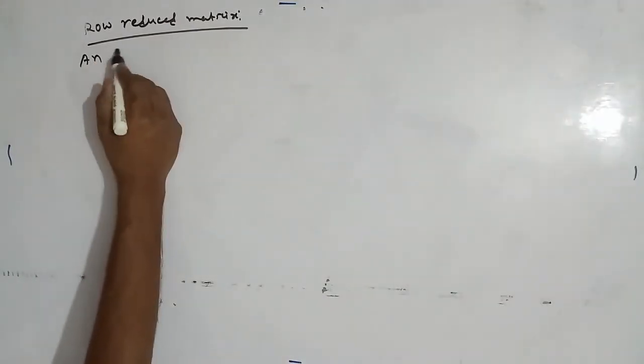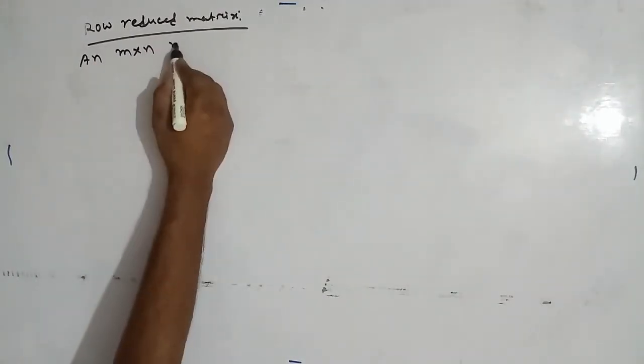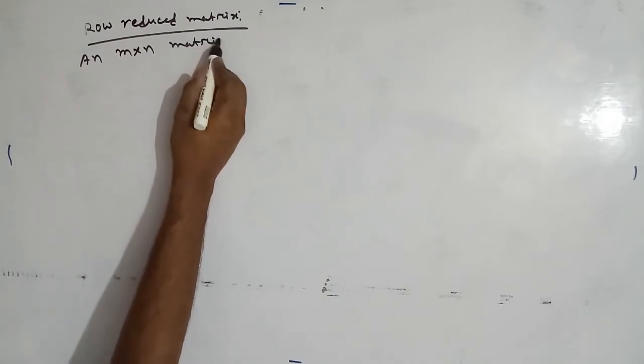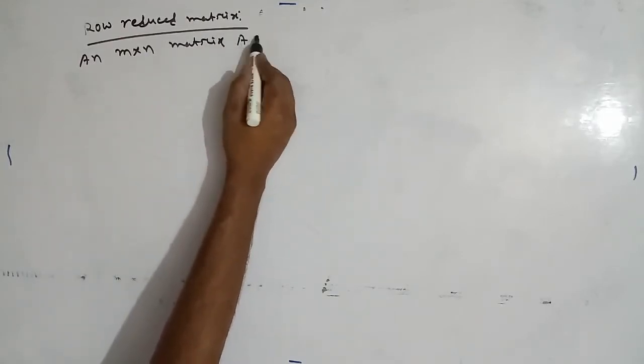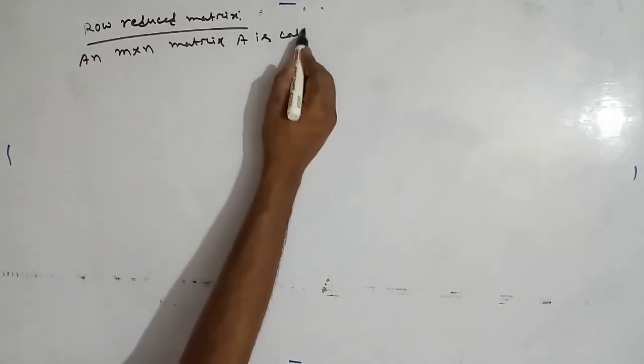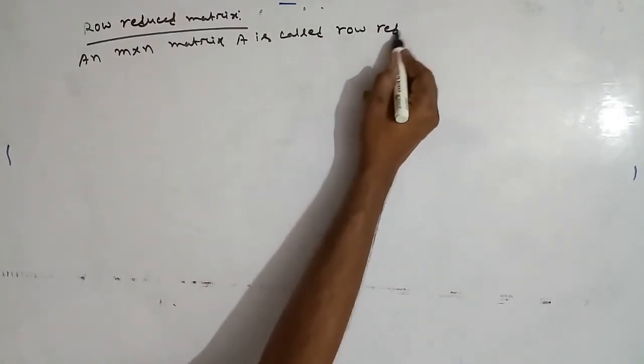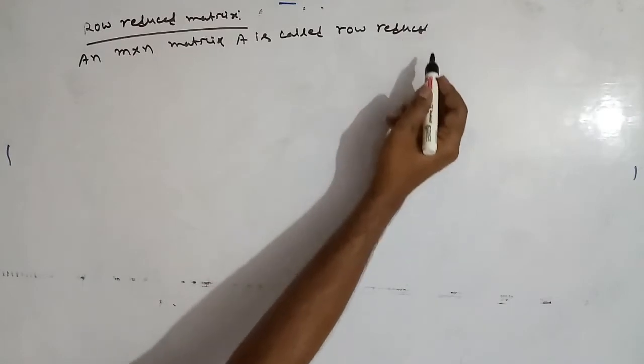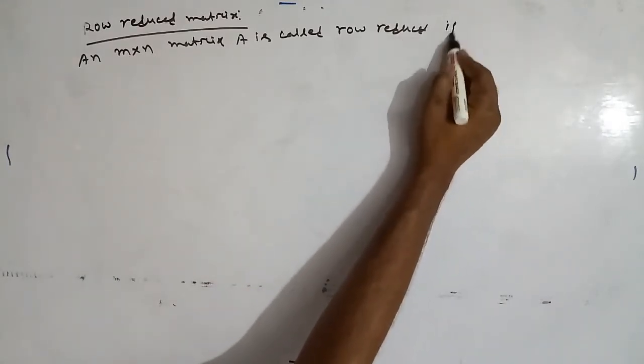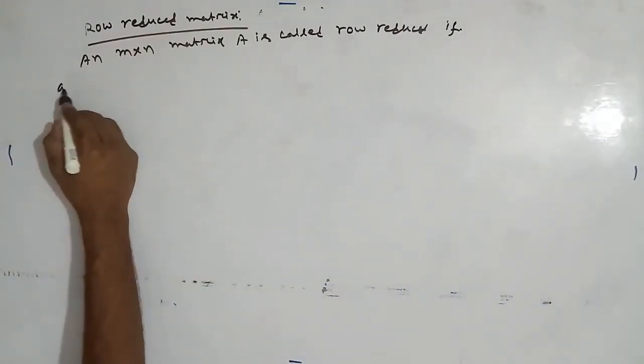An m by n matrix A is called row reduced if the following conditions are satisfied.